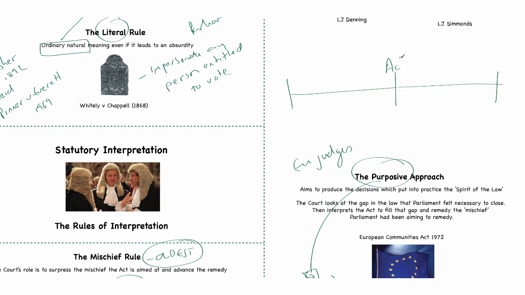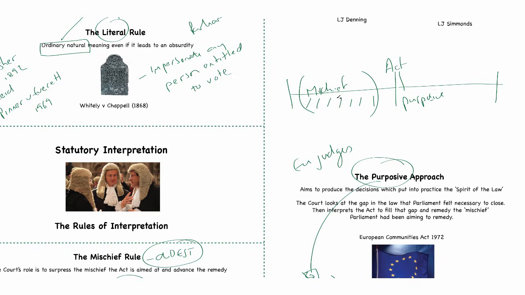this is the Act of Parliament, this is before the Act, this is after the Act. The mischief rule looked at this period here. All right, the mischief rule looked at this period here. The purposive approach looks at the Act itself.